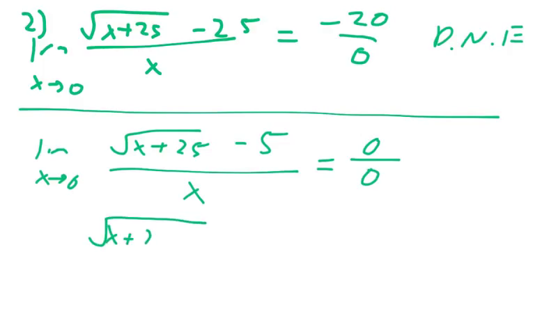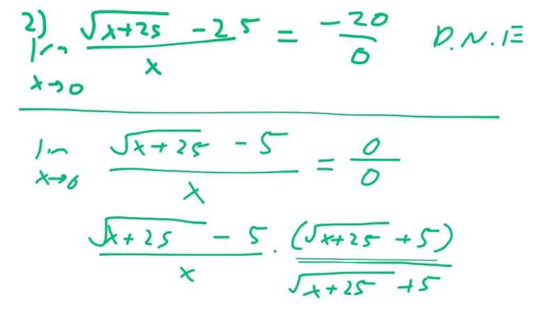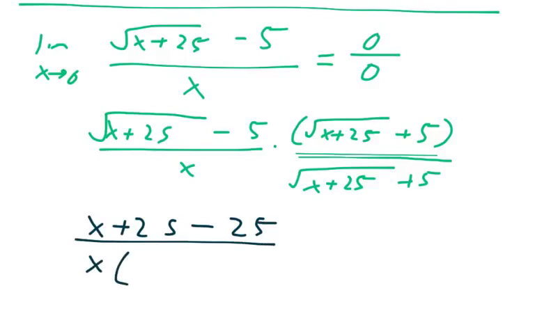When we're doing the square root, I'm going to multiply the top and bottom by the conjugate, which in this case is the square root of x plus 25 plus 5, and the same thing on the bottom. So on the top I have x plus 25 minus 25, and I'm not even going to multiply the bottom out.